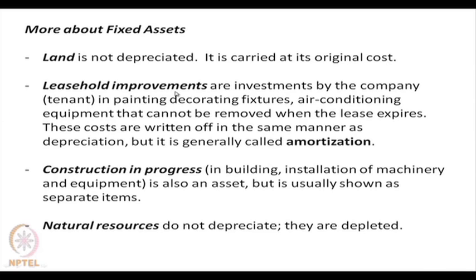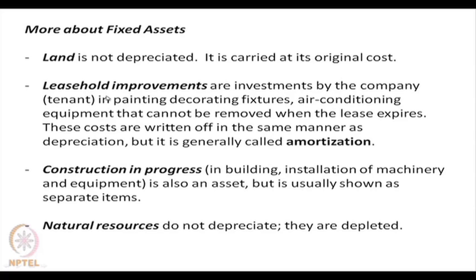Leasehold improvements are investments by the company in painting or decorating fixtures, air conditioning equipment that cannot be removed when the lease expires. These are examples of leasehold improvements. It means that suppose the company has taken a building on lease for 5 years.